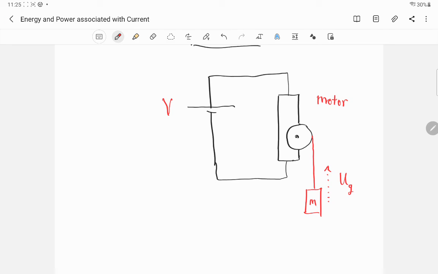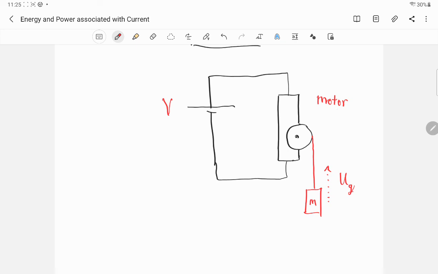So you will use energy at some rate of power and be able to lift, providing a force over a distance. And the faster the current that flows, the faster your mass will rise.